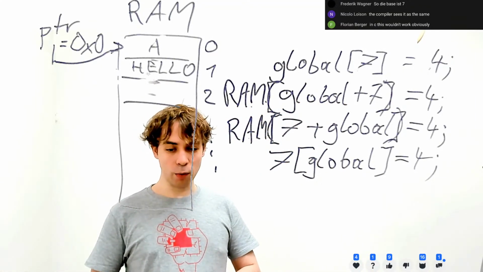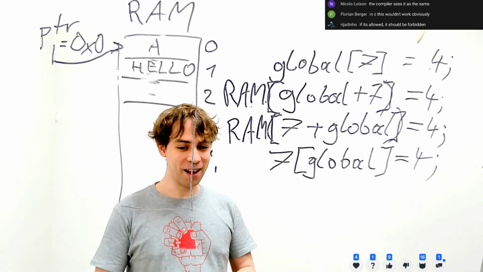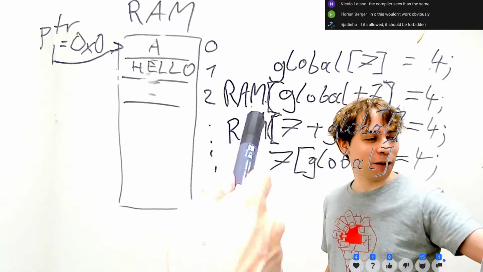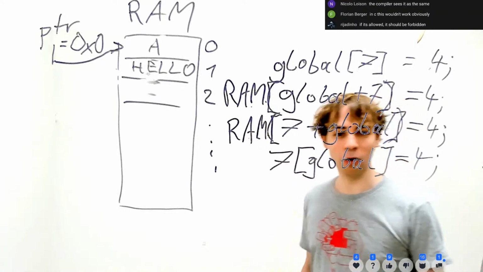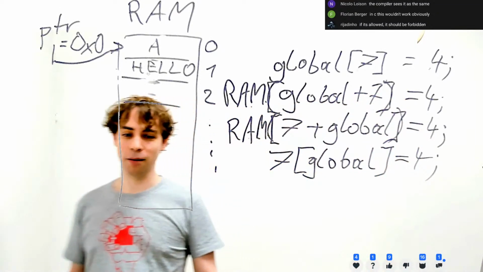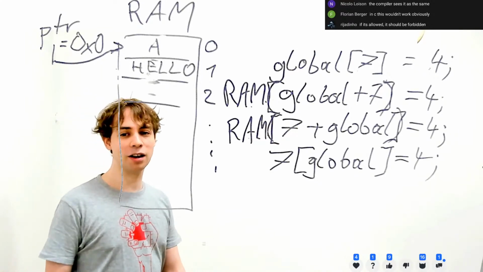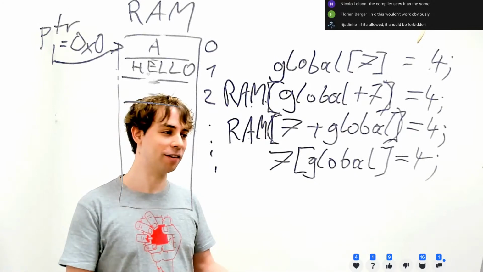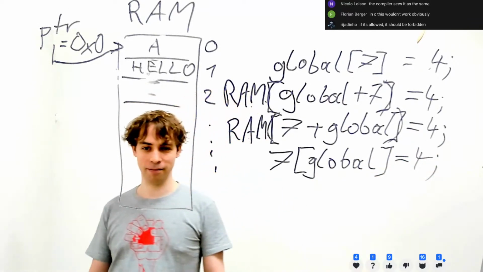In C, this wouldn't work, obviously. Florian, try it out. For the hardware, it doesn't make any difference whether you write global plus 7 or 7 plus global, and this is why this is totally fine. Some compilers don't allow it if you provide some advanced warning options, but in the most general case, this is the same.